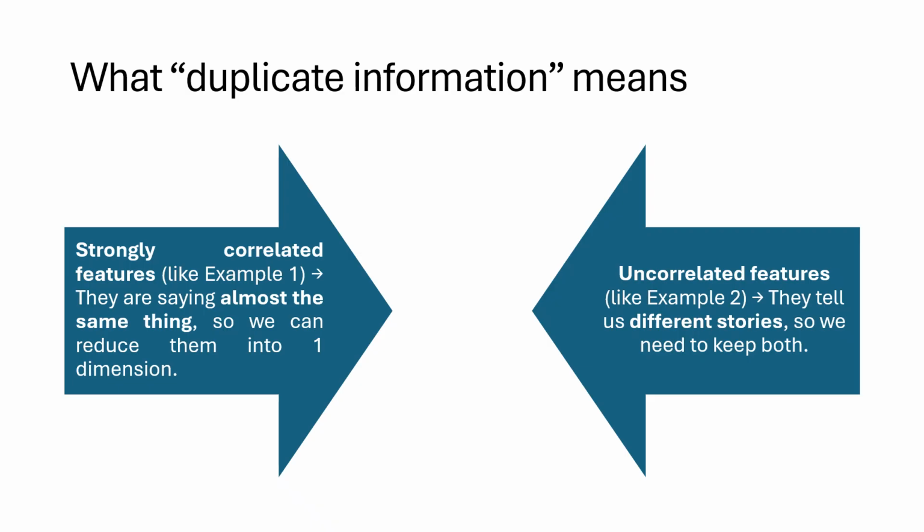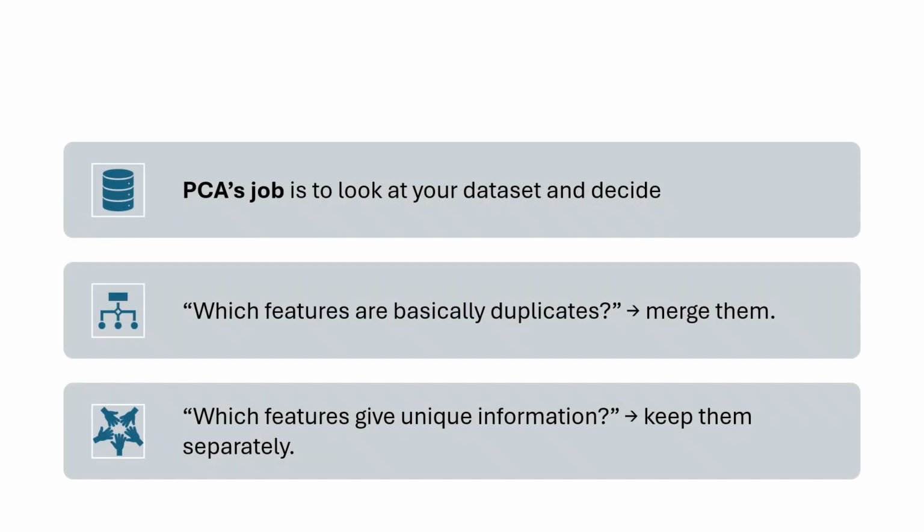So at the end of the day, PCA's job is very clear. It looks at your data set and asks two questions. First, which features are basically duplicates, just repeating the same story? If it finds them, PCA merges them into a single principal component.